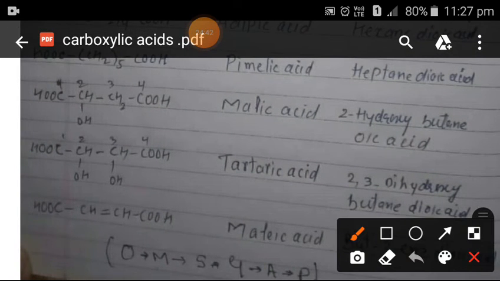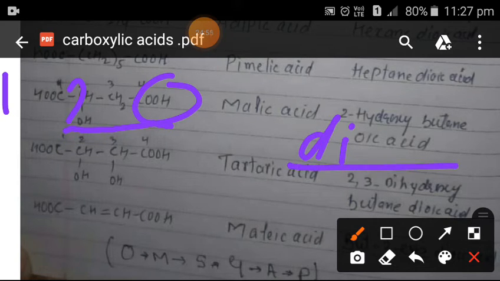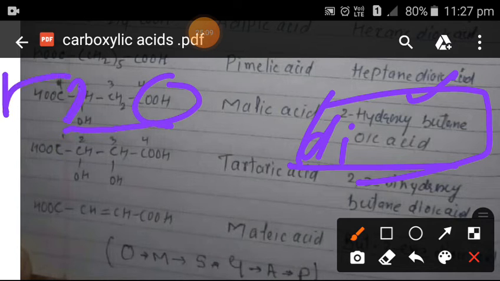So the name of the compound is actually 2-hydroxybutanedioic acid, as there are 2 carboxylic groups. That's why it is dioic acid. There is an error in this naming of the compound, so correct this. This is 2-hydroxybutanedioic acid because there are two carboxylic acid groups.